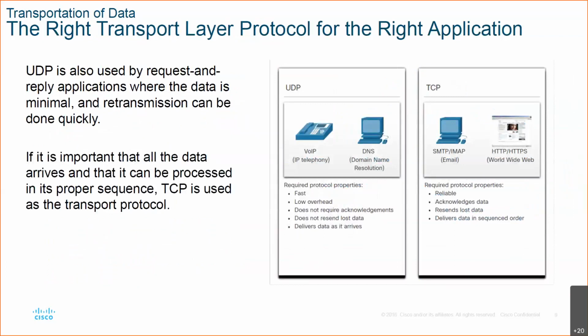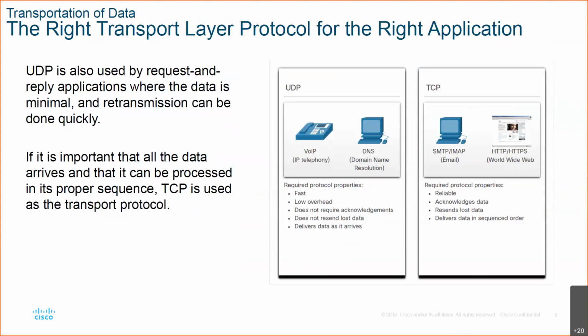UDP is necessary in places like voice over IP, and part of domain name resolution works with UDP, because it needs faster access. Whereas your email works on TCP, and your actual web browsing using the HTTP and HTTPS protocols is based on TCP.